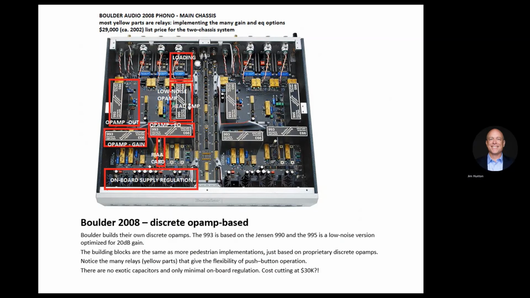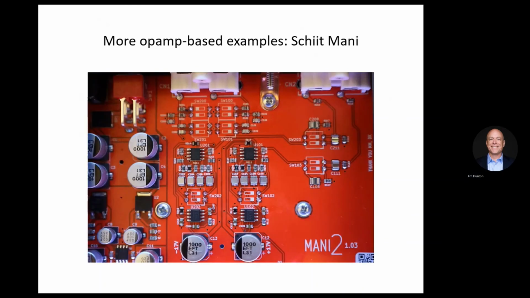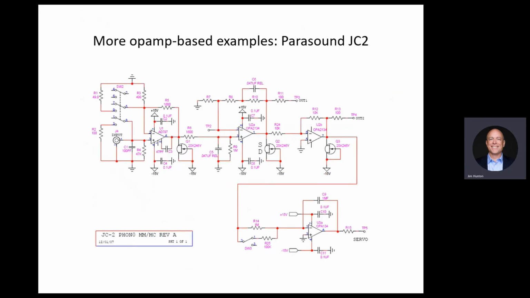Now, in essence, each one of those op amps, functionally, okay, I'm not saying quality, but functionally is the same as these op amps, okay? So this can be a 995, 993, 993.